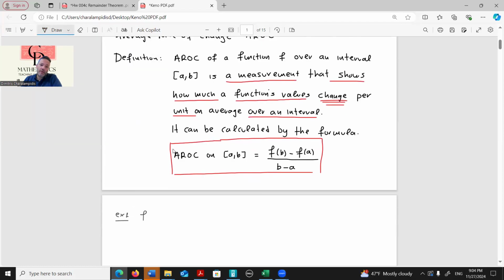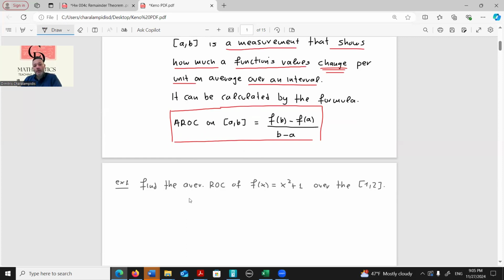For example, example number 1, find the average rate of change of f of x equals x squared plus 1 over the interval 1, 2. To do that, all that I have to do is just apply the formula.